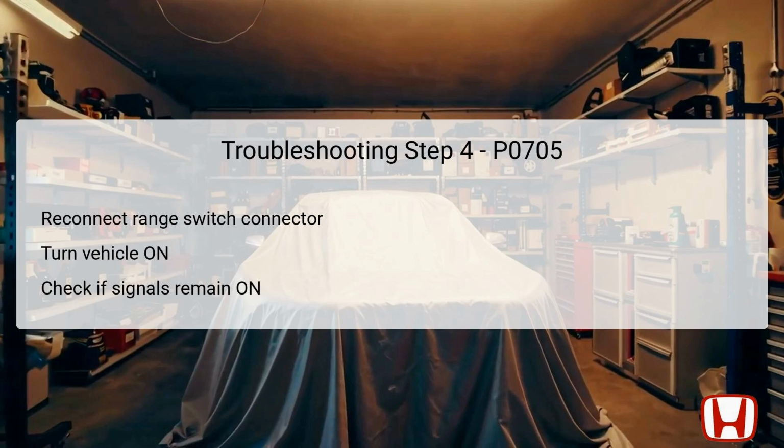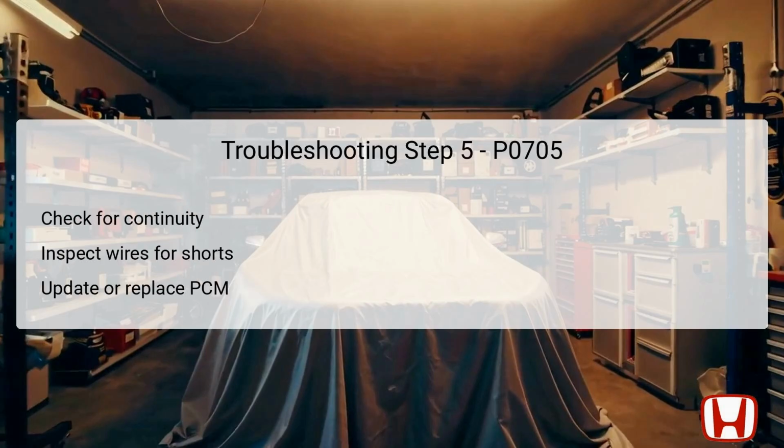The aim is to observe if any signals that should have been off are still showing as on. If they indeed remain on, this supports that the transmission range switch is functioning correctly after further confirmation in step 3. Consequently, you will need to proceed to the next troubleshooting stage to explore possible wiring issues or connectivity problems.